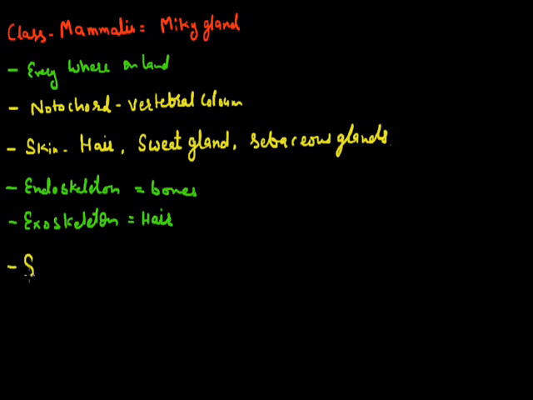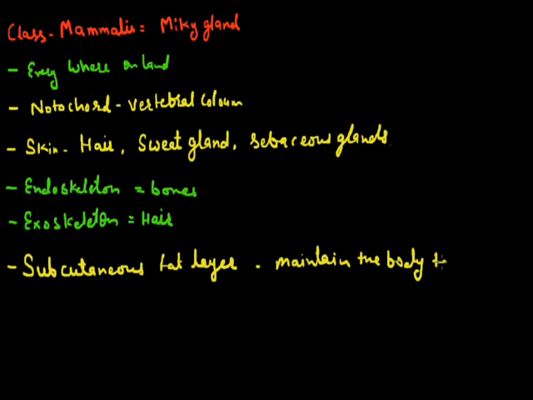Subcutaneous means below the skin, a layer of fat is present. This subcutaneous fat layer helps in maintaining the body temperature. Now we discuss the other features of this class.